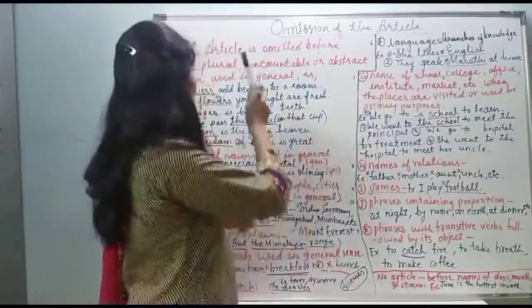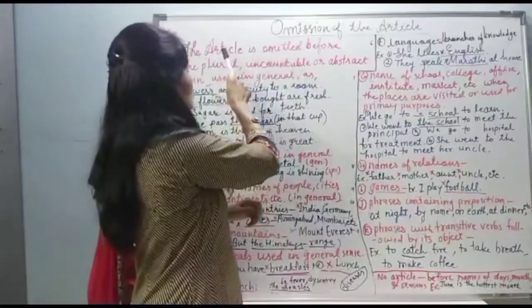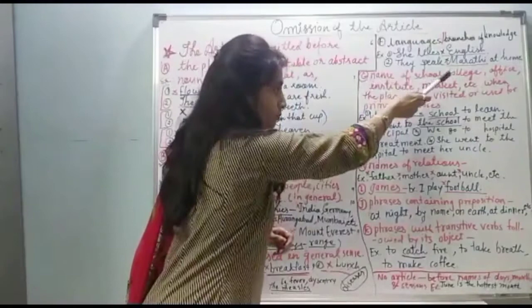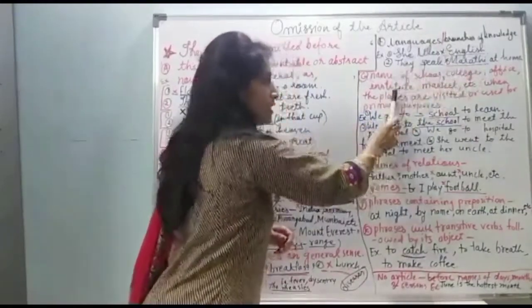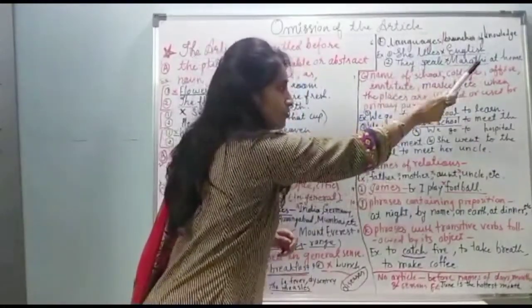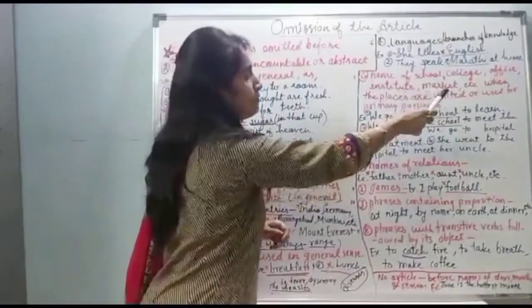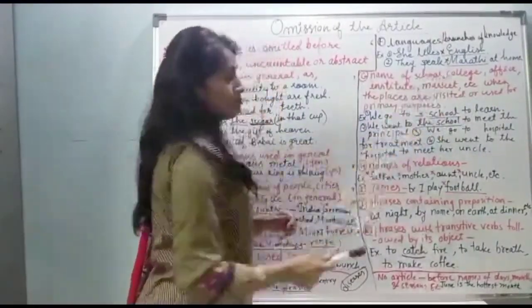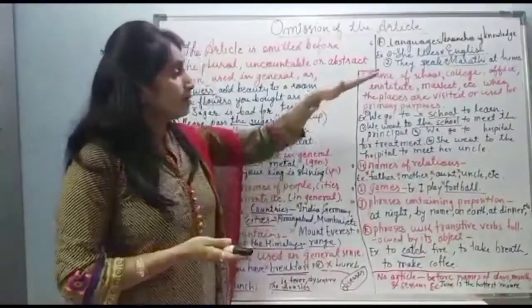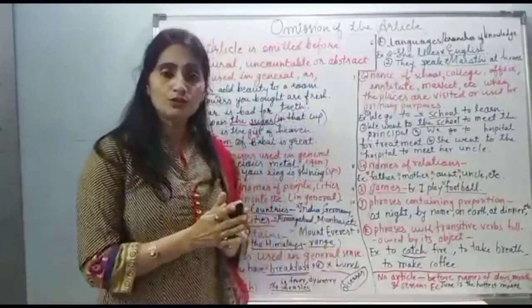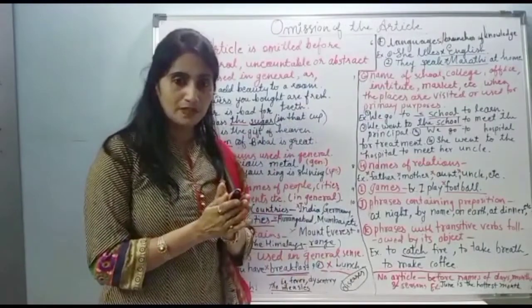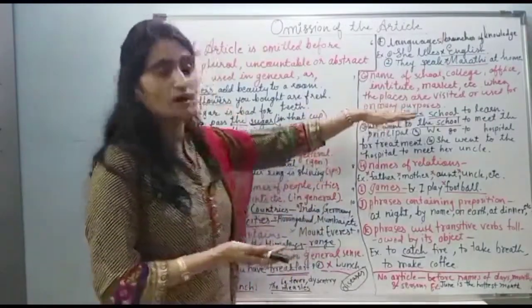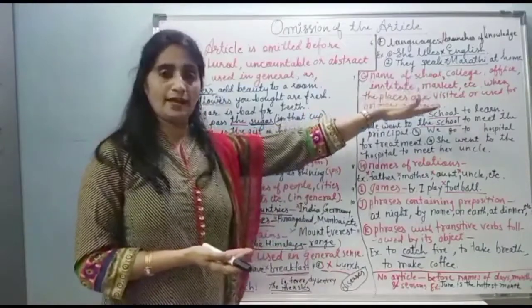So what is the rule here? The article is omitted before the name of school, college, office, institute, market, etc. when the places are visited or used for primary purposes. If these places are used for primary purposes, we should not make use of any article before them.